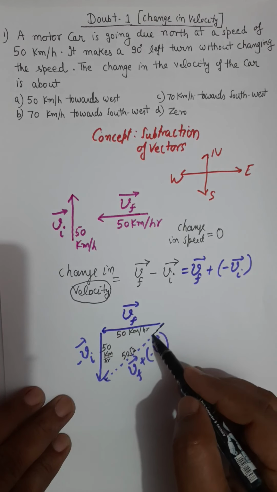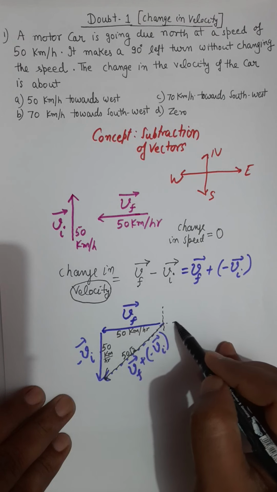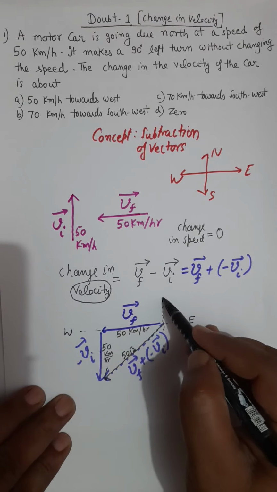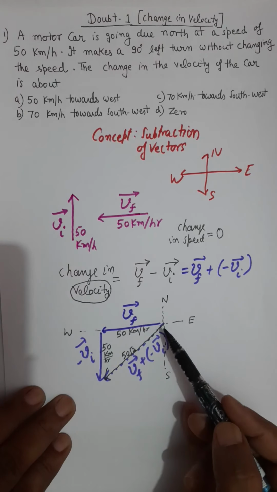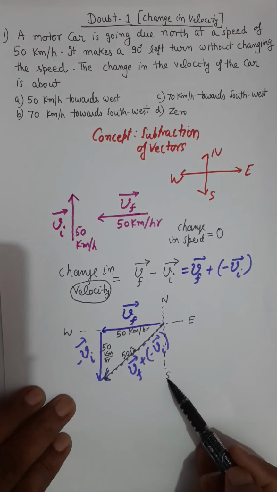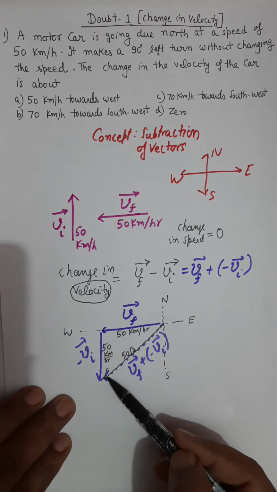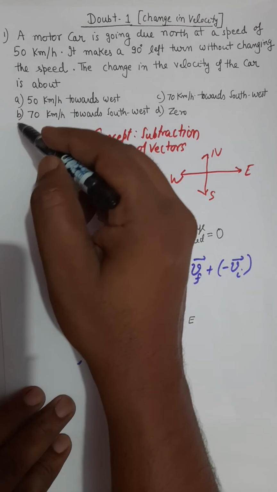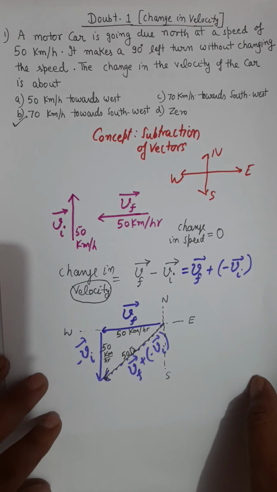And if you look for the direction part, here you have east direction, this side west, this side north, and this side south direction. So the direction of this vector will be southwest. Southwest is the direction of change in velocity, and the value is 50 root 2, which is around 70. And therefore option B is correct for this question. This is how you find the change in velocity.